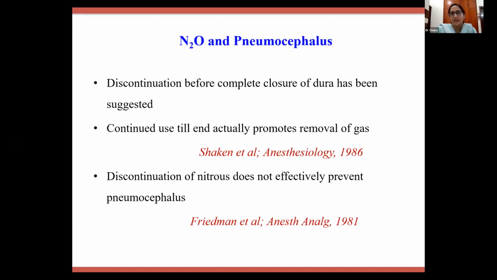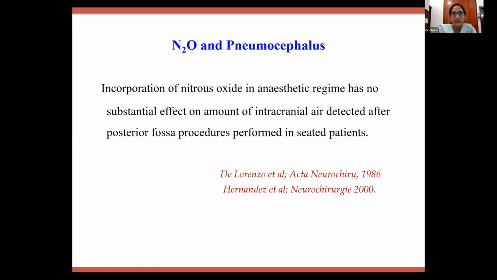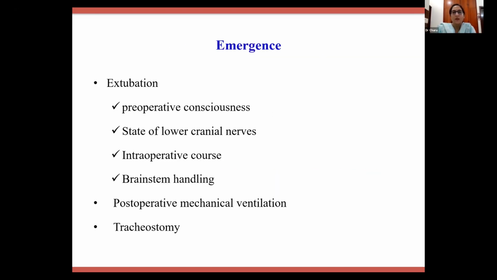For the pneumocephalus, there is no concrete evidence that it should be continued till the end or discontinued before the dura closure. And it has been seen that incorporation of nitrous oxide has no substantial effect on the amount of intracranial air detected after posterior fossa procedures performed in seated patients.